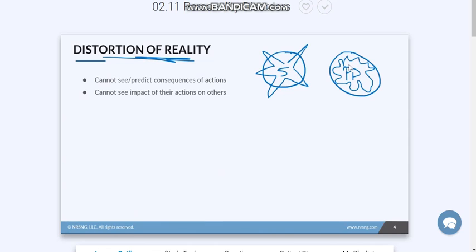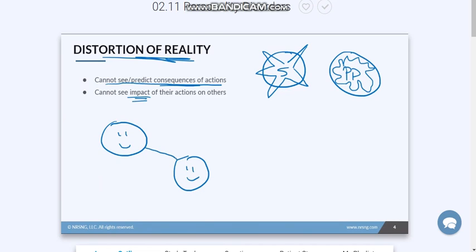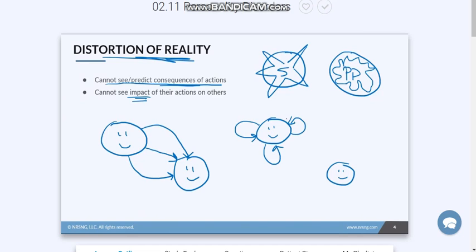Now, the biggest issue that we have with personality disorders is they cannot see or predict the consequences of their actions, and they cannot see their impact of their actions on others. So in a normal situation, let's say this is me and this is you. I recognize that anything I do, especially if you're somebody who is close to me, anything I do can possibly have an impact on you, and I recognize that. Now, let's say this is someone with personality disorder, and this is one of their loved ones, someone close to them. Clients with personality disorder tend to believe that everything they do only ever affects them, okay?